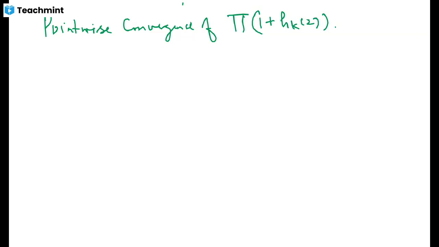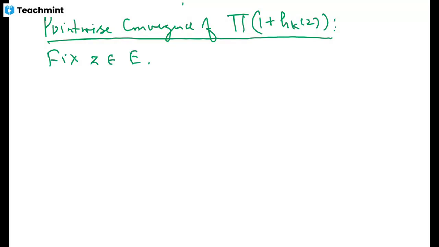So for fixed point z, let us fix some point z in E. Then this product is a product of numbers now.